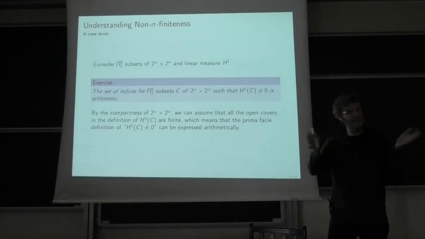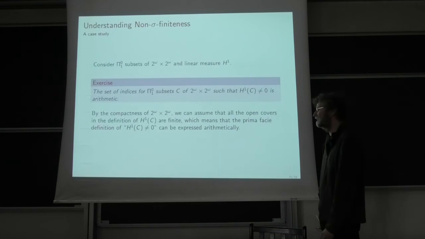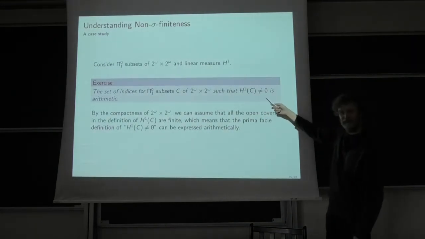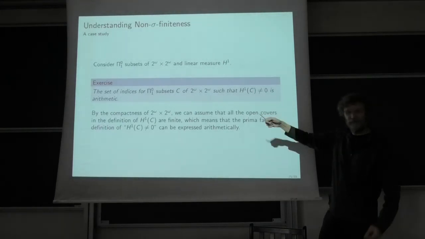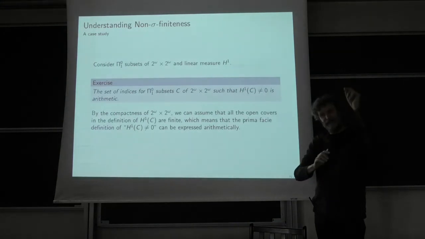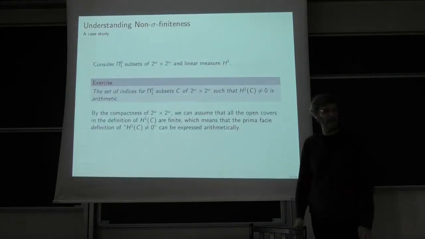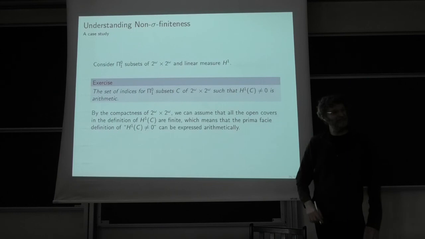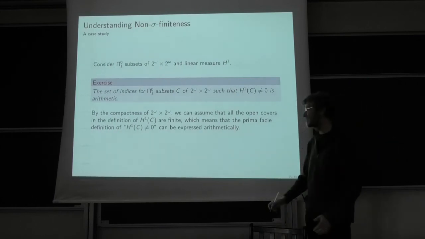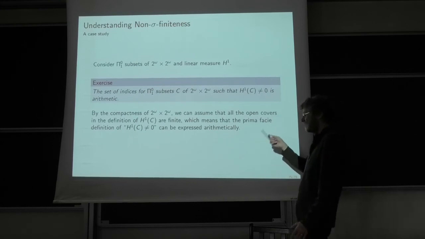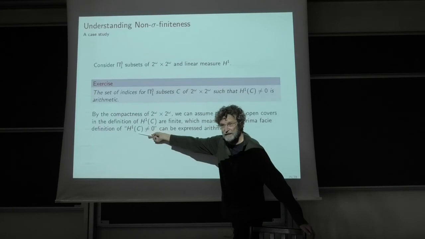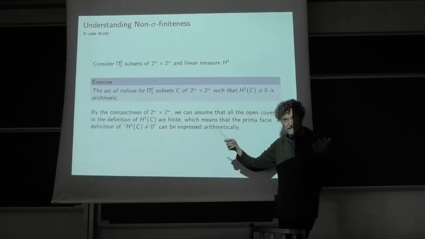So the whole business of understanding, can you get open covers that are for every epsilon, for every n, there is a finite open cover that gives size less than 1 over n. That's all arithmetic. And you're quantifying over the natural numbers in finite sets. And so prima facie, on its face, you can express this property just in finitistic terms.